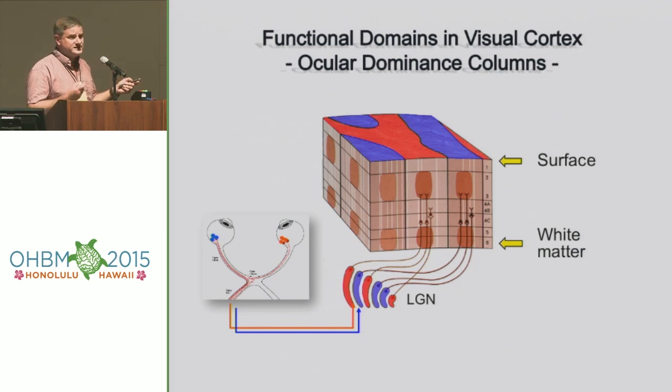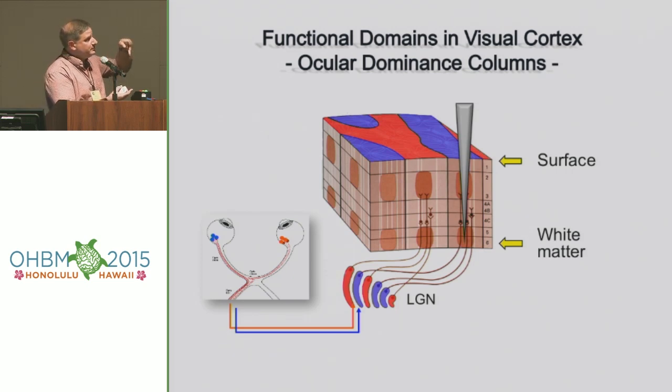Probably the most studied are in the visual system, the ocular dominance columns. This is a chunk of cortex from the visual cortex, where we have the surface, the white matter, and the 6 layers. If we record from cells, starting from the surface perpendicular to the white matter, you'll find cells with similar response properties to one of the eyes, whether it's the right or left eye.